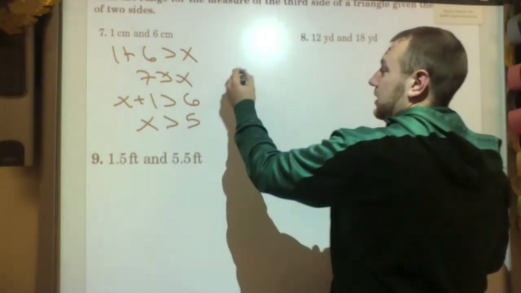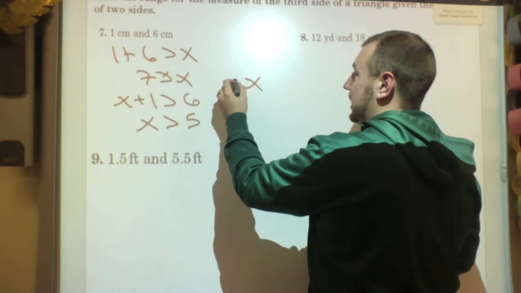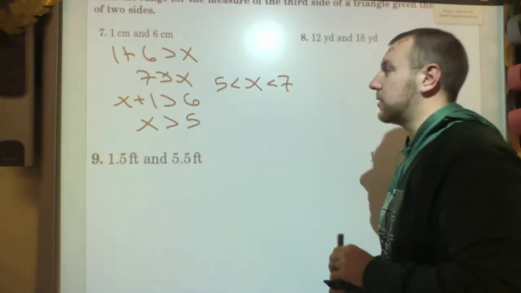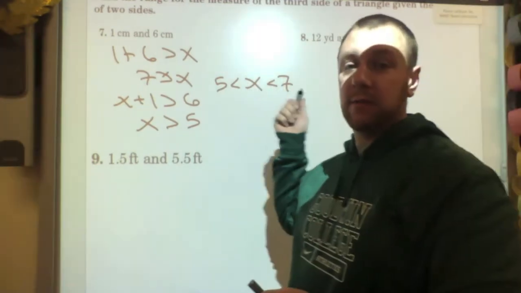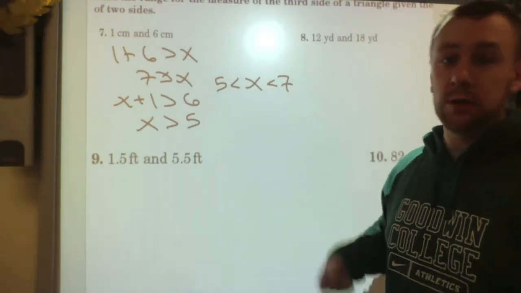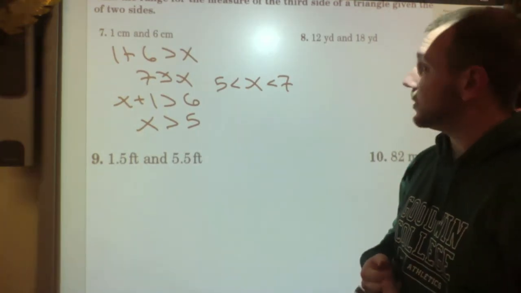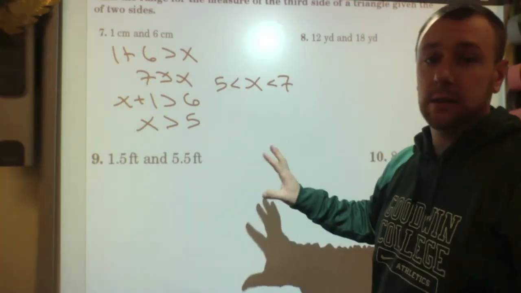So x has to be between 5 and 7. Any number between 5 and 7, 5.1, 5.2, 5.3, that sort of thing, will form a triangle. So that's how you do these types of problems.